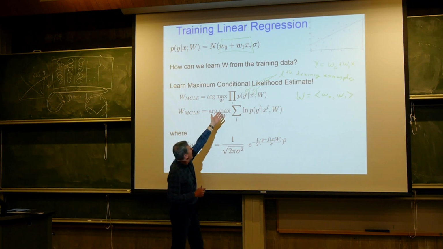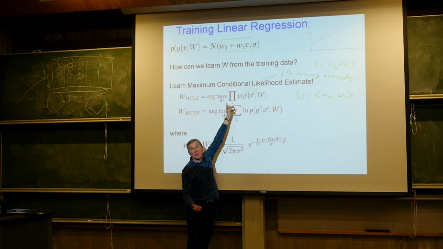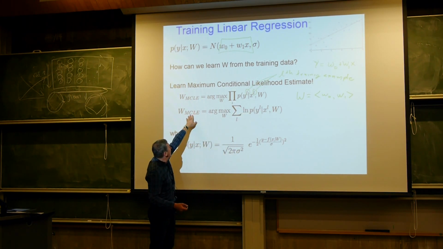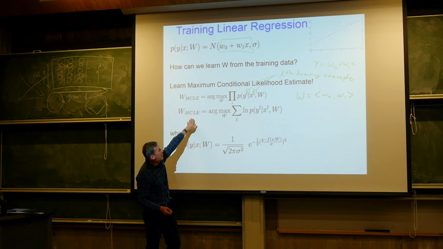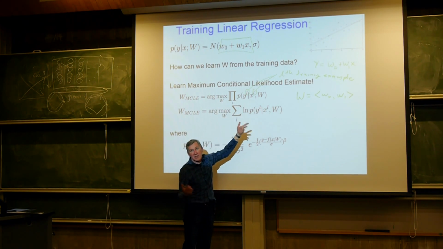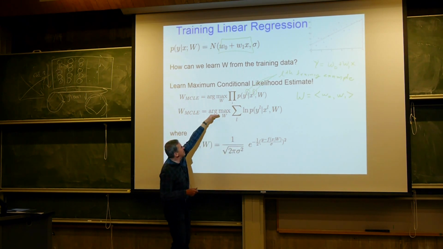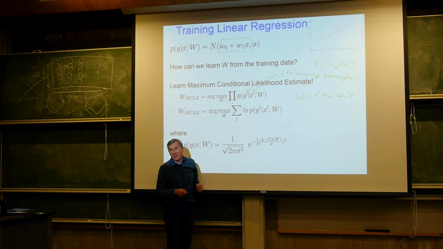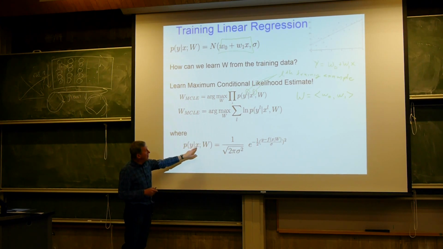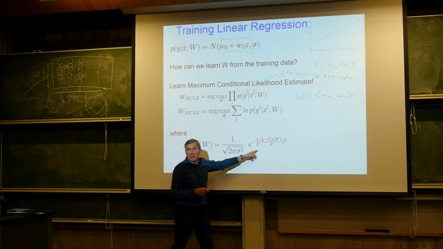So then I could just write down the conditional likelihood. This is the same expression we wrote when we did logistic regression. And just as in the case of logistic regression, it's a little easier to work the math if, instead of maximizing that, we maximize its log. Maximizing this quantity is identical to maximizing that, but the arithmetic is easier here. And here my probability distribution on y given x is exactly this, just the formula for a Gaussian.